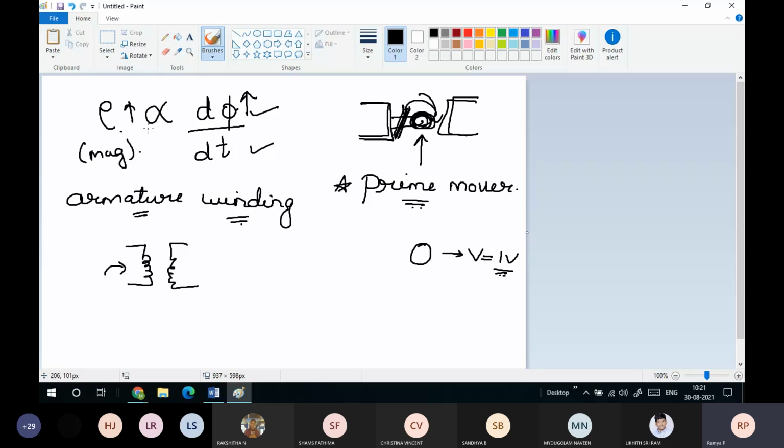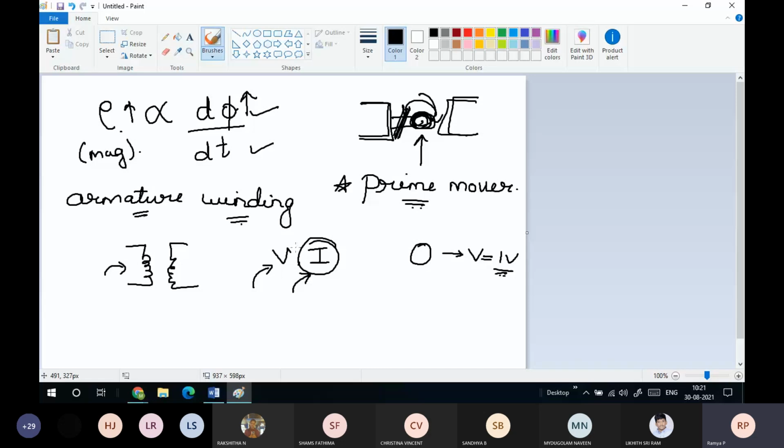Now, if I want to increase the magnetic flux lines, what is the major cause? Whether it is voltage or current, that you should understand. If I'm increasing the supply voltage or the supply current, I can't blindly increase the current and I can't increase the voltage also.